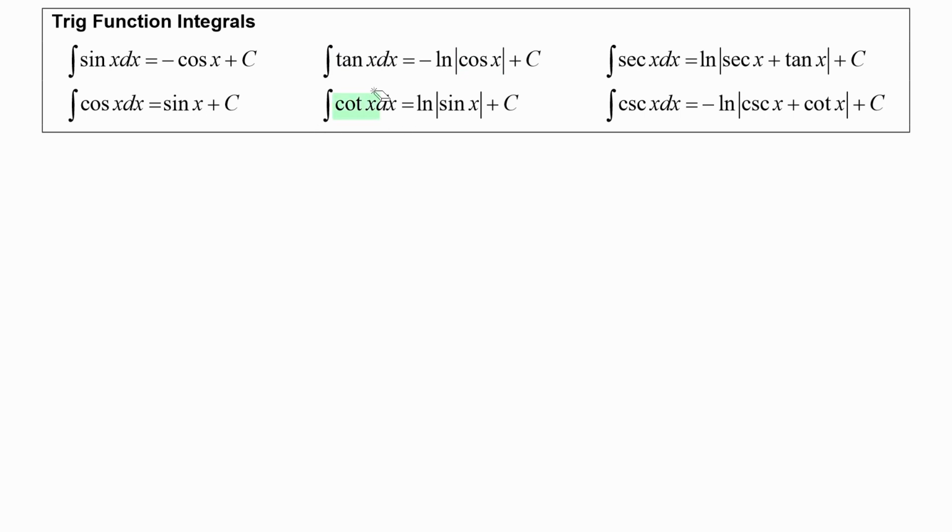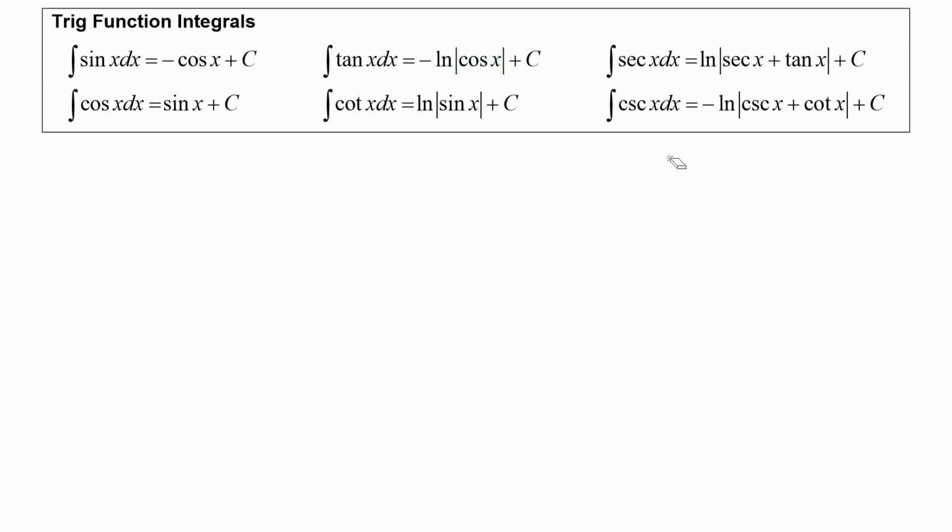And for cotangent, I know the denominator is sine, so that's who's inside the log function. I also know that the derivative of cosine is negative sine, and that helps me remember that I put a negative. So since the derivative of cosine is negative, there's going to be a negative out here.